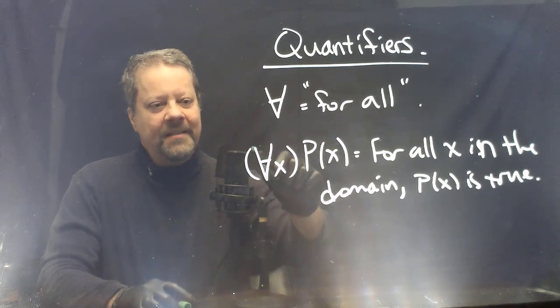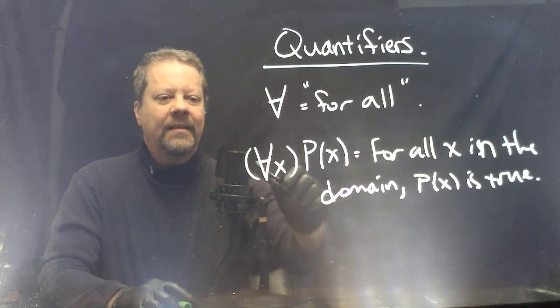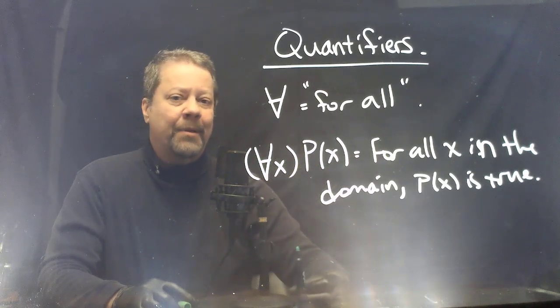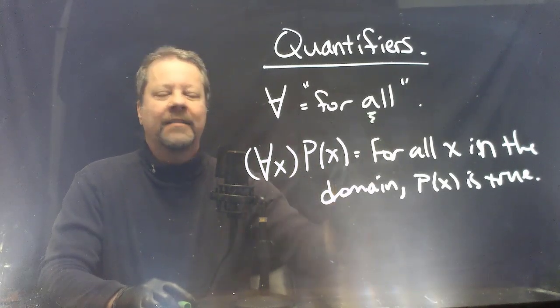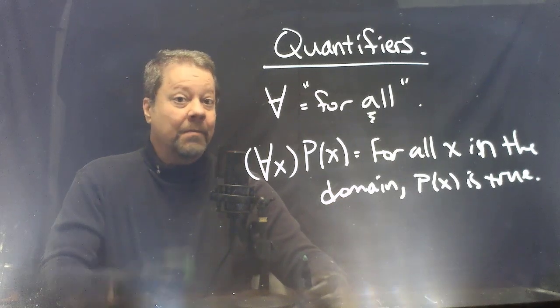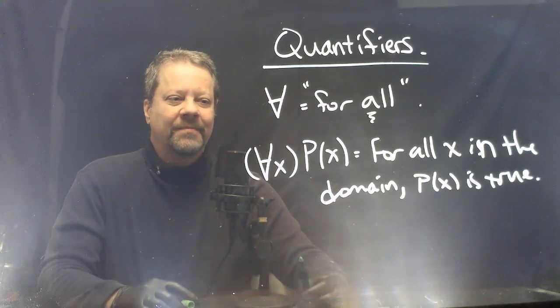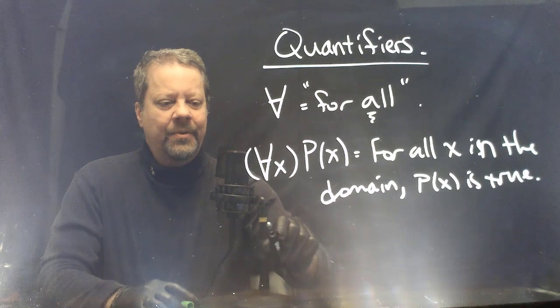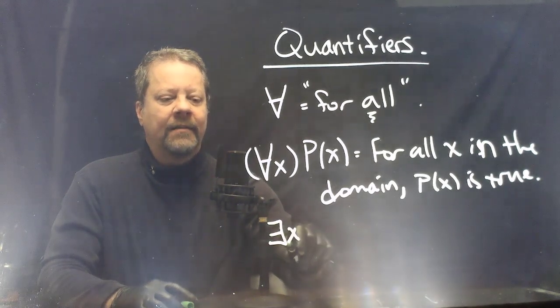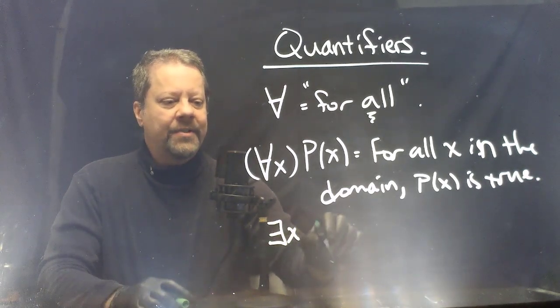You can see that this symbol is an upside down capital A, which stands for the word all. That's as opposed to the following quantifier, which is there exists.